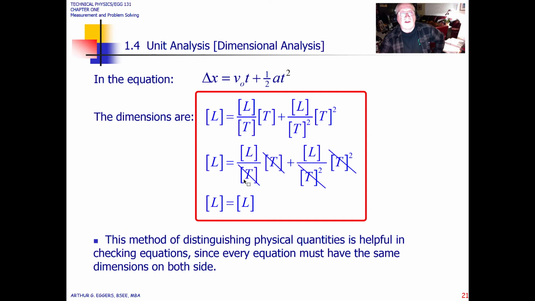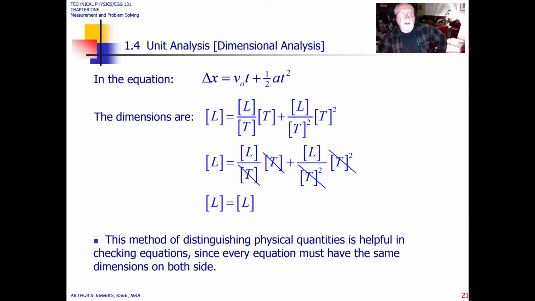If we cancel this T and this T, we're left with L. If we cancel this T squared and this T squared, we're left with L. L plus L ends up just being L. We know it's 2 times the length, but in this case, we get rid of the constant and we have L is equal to L. So this becomes a method of distinguishing physical quantities and is helpful in checking equations, since every equation must have the same dimension on both sides.